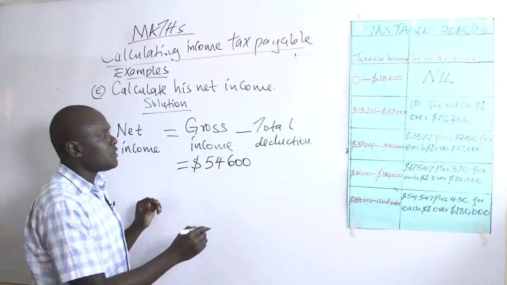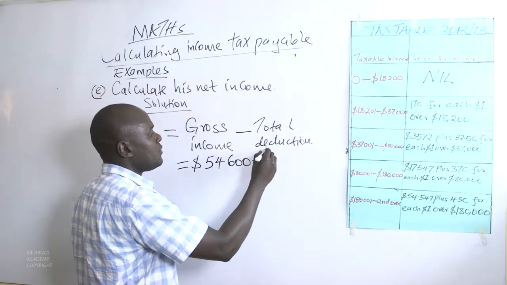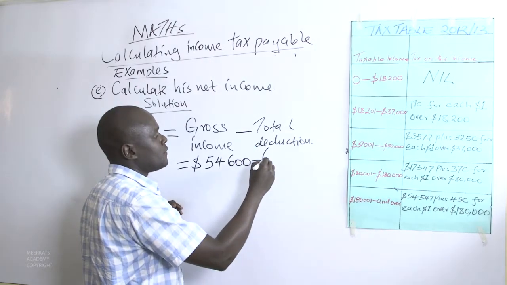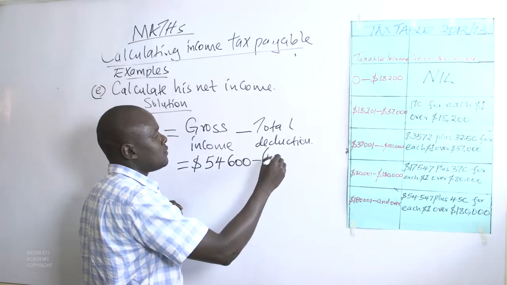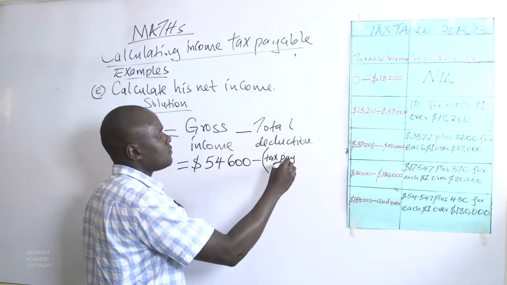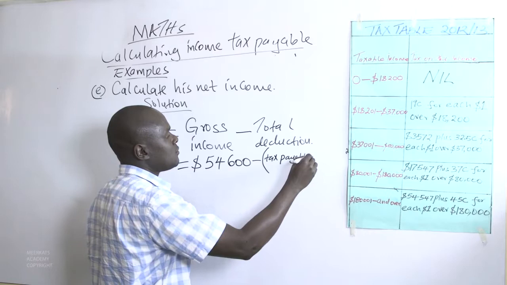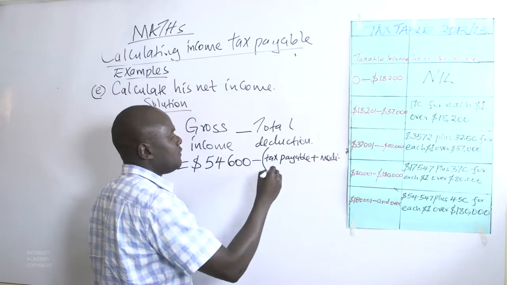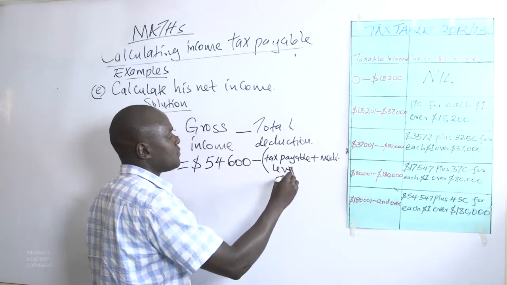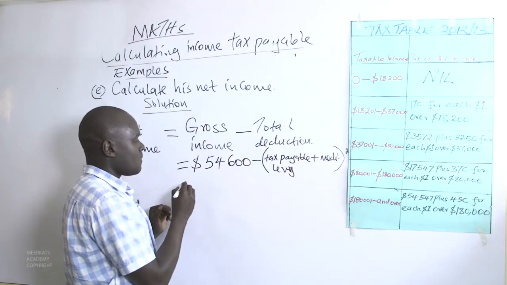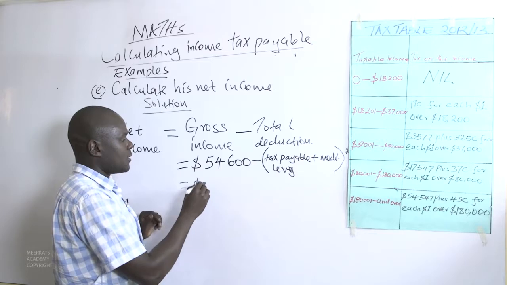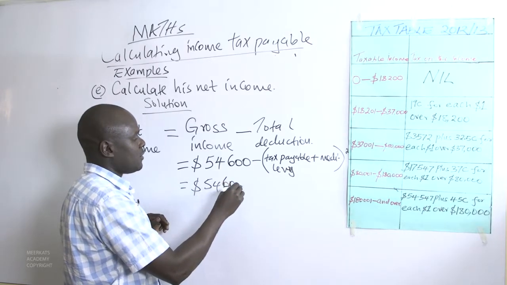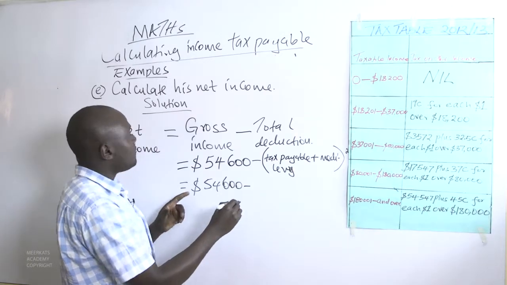And the total deductions will be the sum of tax payable and Medicare levy. And this we can calculate as $54,600 minus that figure.